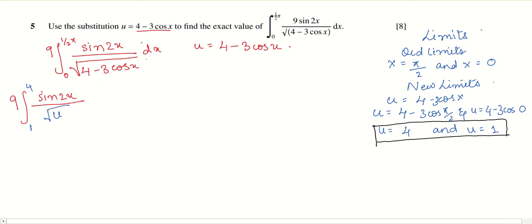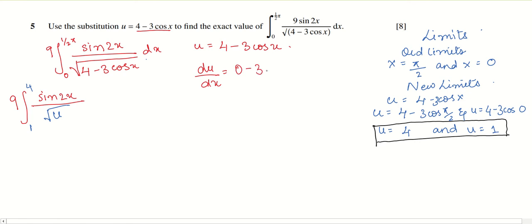Now what we need to change is basically dx. We need to find du instead of dx, so we have to write dx in terms of du. We have to differentiate u for that. We write du/dx equals, differentiating 4 gives 0, then minus 3 cos x.